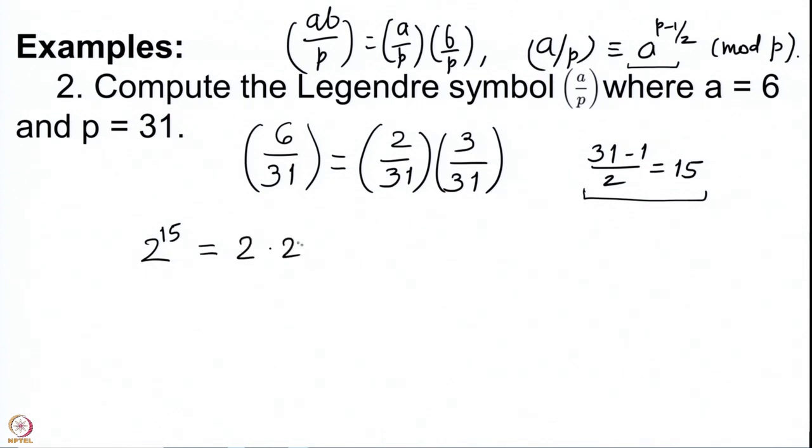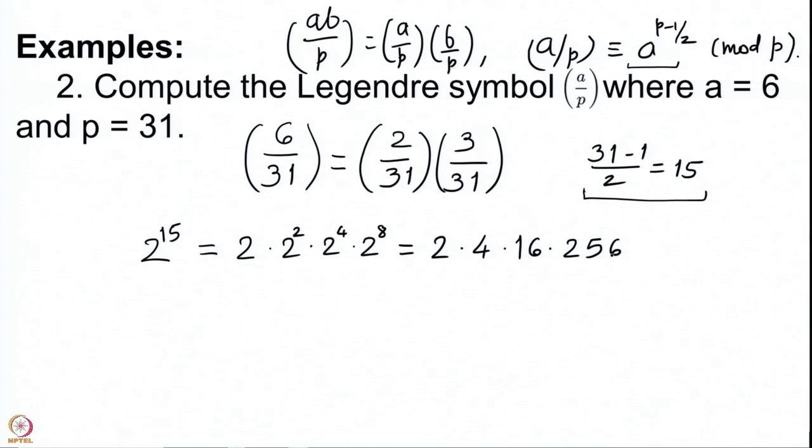As we have observed in the previous slide also, the 15th power is simply the product of these 4 quantities. Here 2 is simply 2, 2 square is 4, 2 to the power 4 is the square of 4, so that is 16, and further 2 to the power 8 is the square of 16, so we get 256. But we have to look at them modulo 31.